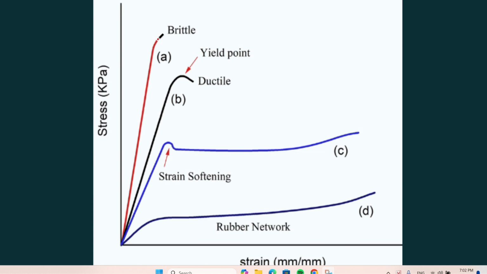The first is brittle. You can see the stress-strain curve, and just a little bit of a curve, a part of a circle curve here. And this material is not a ductile material, it is brittle, and it does not have plastic deformation.